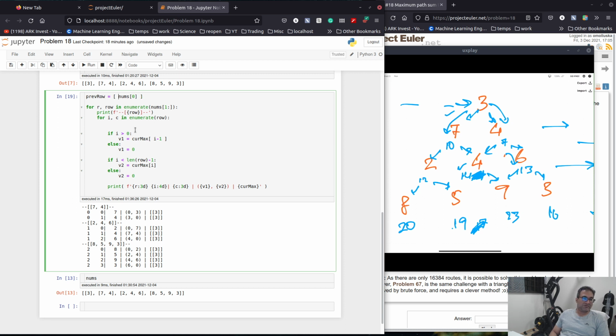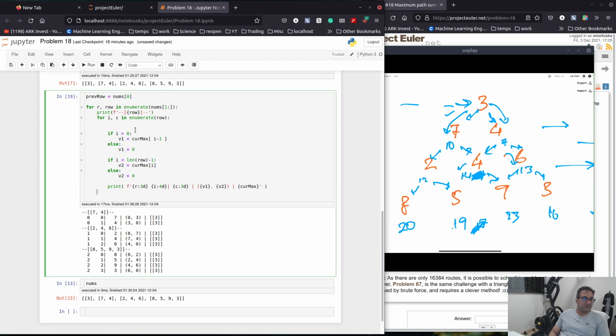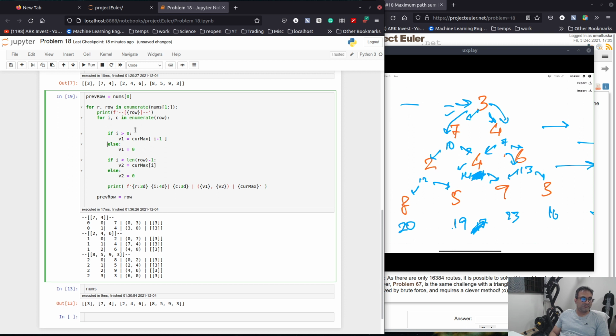So previous row is nums 0. Okay, so that's the previous row, and at the very end, previous row equals row, and we want to put previous row over here and previous row over here.